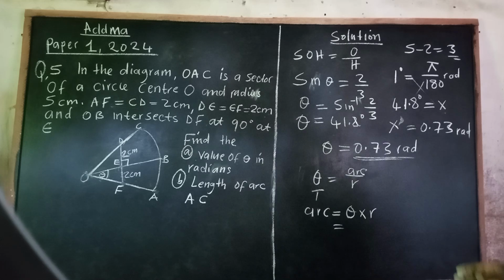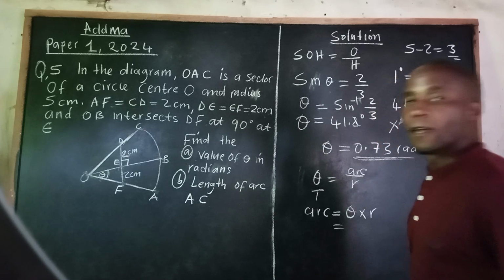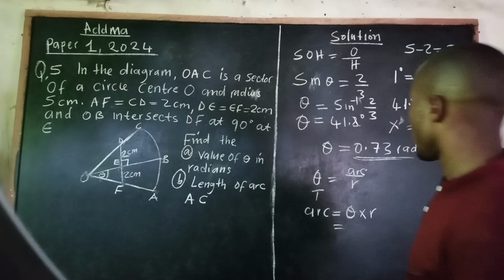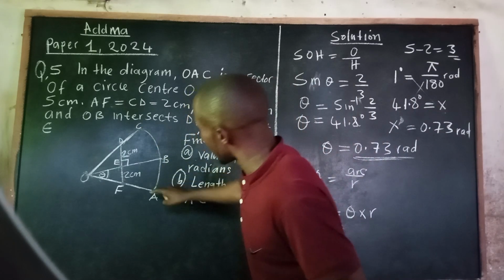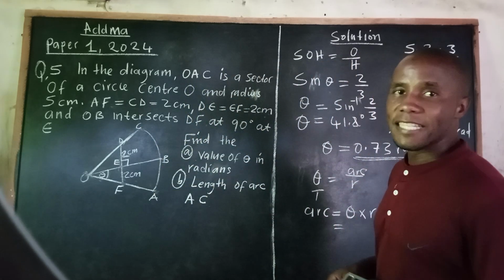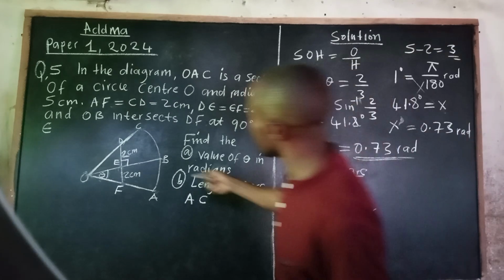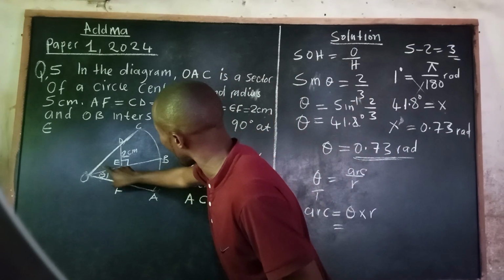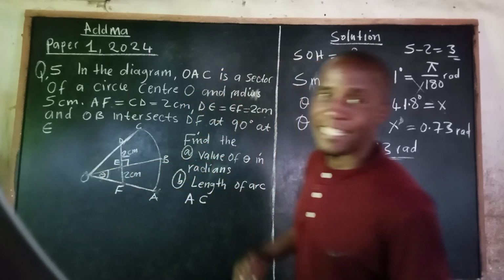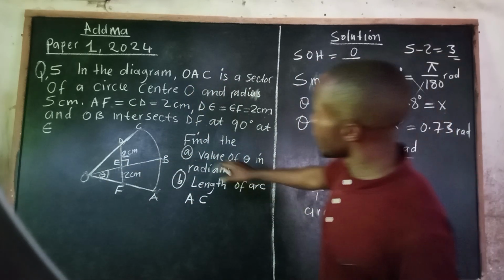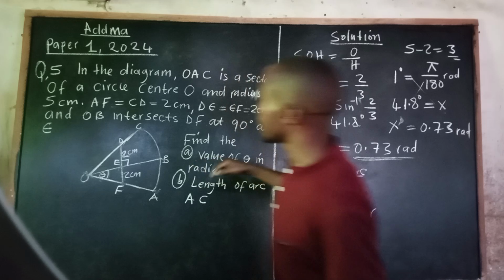Are we together? Yes. So now from there, the angle that subtends this arc is the whole of this angle. And remember, this line has cut the sector in halves.